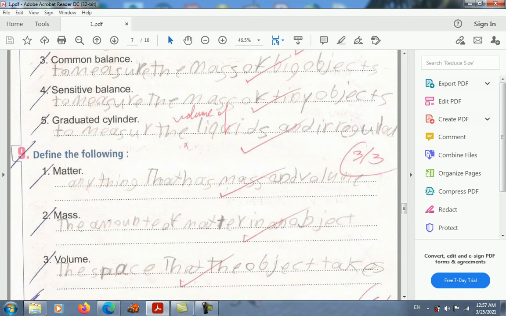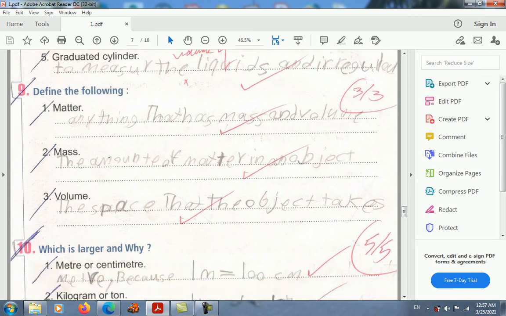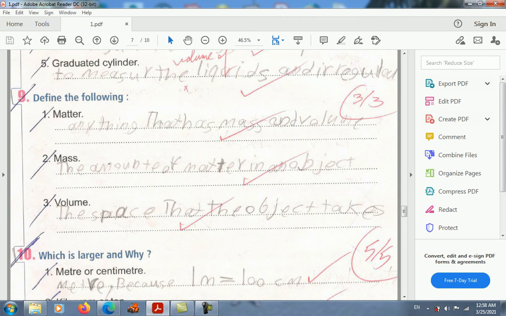Common balance. It's used to measure the mass of big objects, large objects. 4. Sensitive balance. It's used to measure the volume of tiny objects. 5. Graduated cylinder. It's used to measure the volume of liquids and irregular shapes, like stones and this stuff.